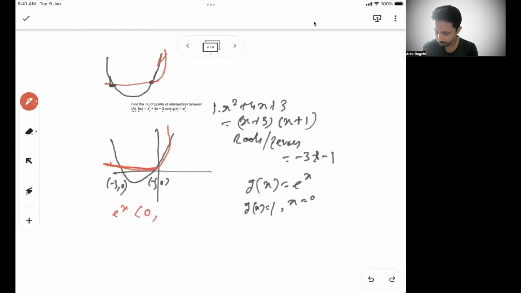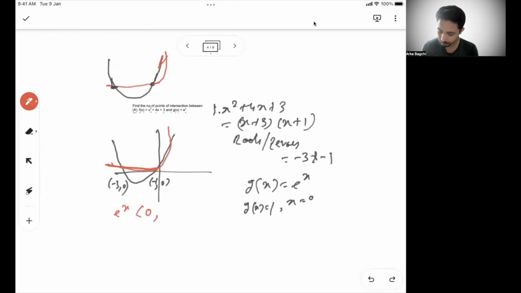So somewhere, if it continues going up like this, this line will cut somewhere here. It will cut a little up, but somewhere here it will cut. So that's what I'm trying to say.